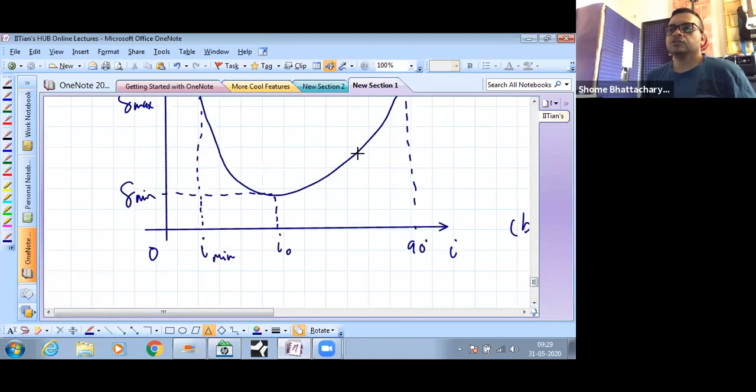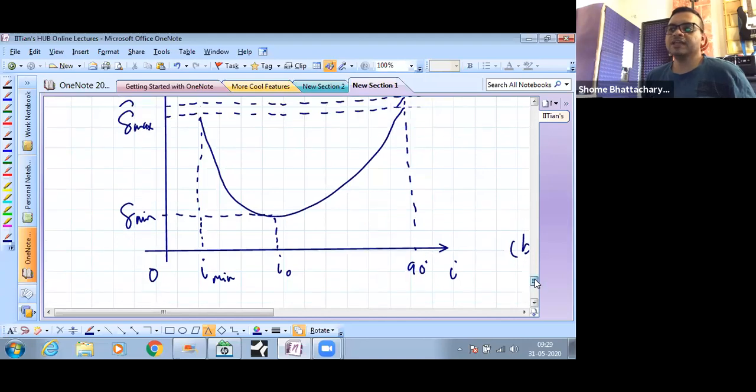Okay. So our angle of incidence is somewhere here, let's say. So in order to increase our deviation, we have to increase the angle of incidence. So up to where can we increase? We can increase up to the point where we are just having grazing incidence, where the angle of incidence is just tending to 90 degrees. And by reversibility, the moment the angle of incidence tends to 90 degrees, our angle of emergence will be this I minimum which we have calculated.